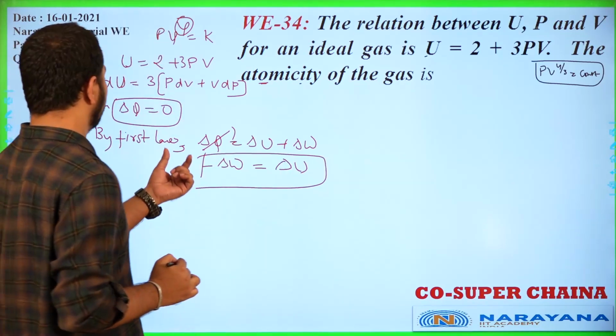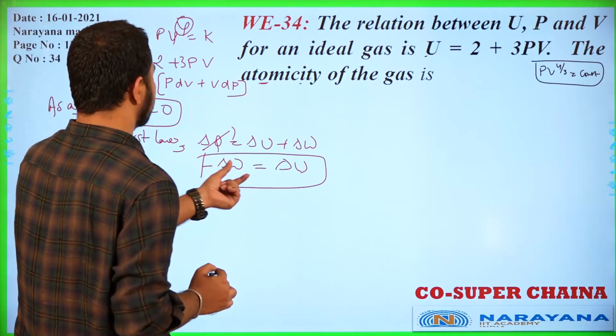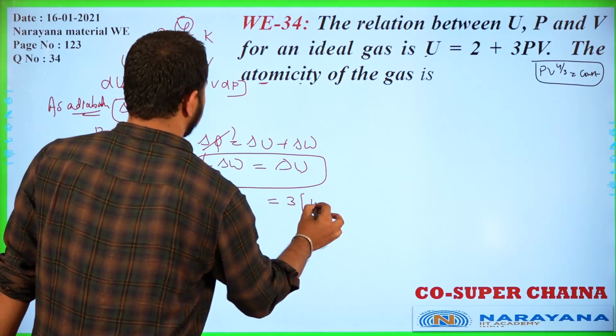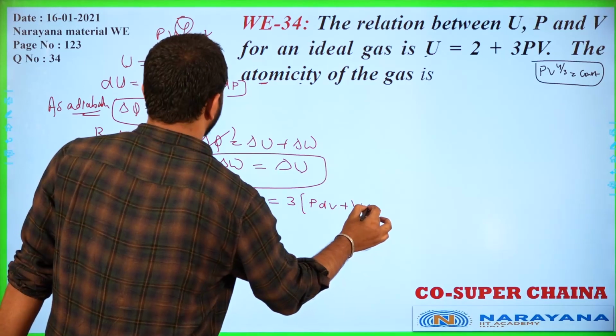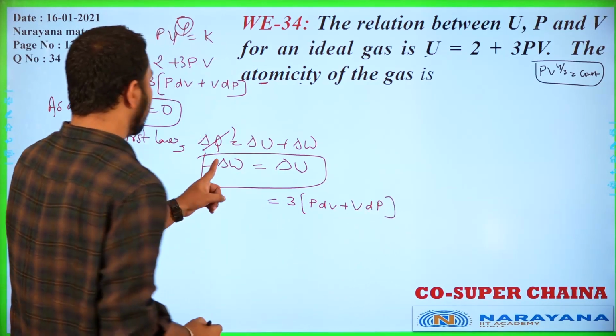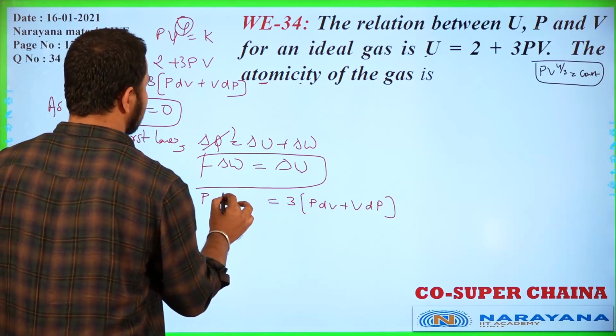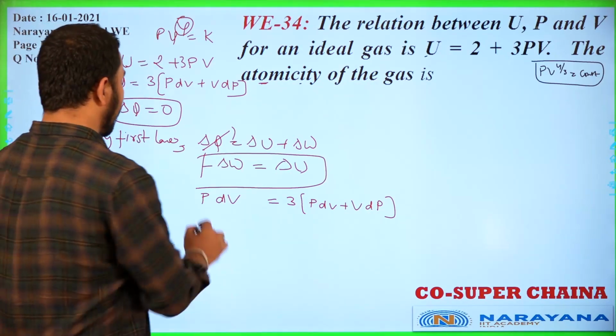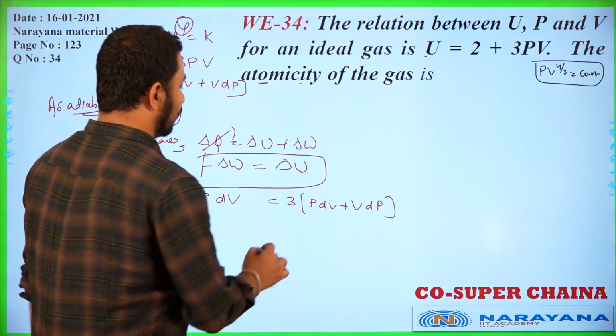Okay, so dU we can substitute here. It will be 3 times PdV plus VdP, and dW can be substituted as PdV. If we simplify it here with the minus sign, what are we getting?